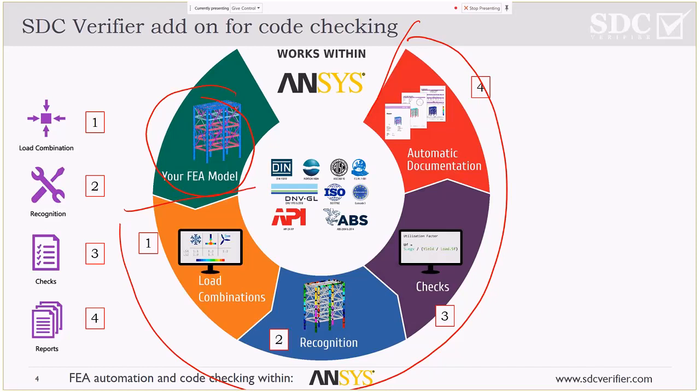I will go through this quickly, first step by step, and then later more in detail, and I would like to convince you that these extra steps are not only necessary if you do code checking, but also if you want to do a lot of modifications, or if you want to automate and optimize the process of calculation.